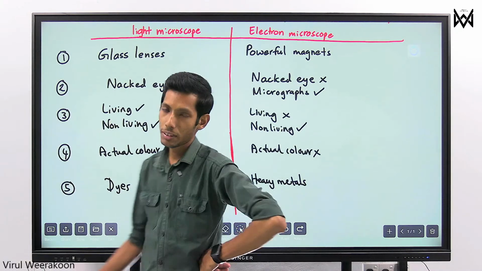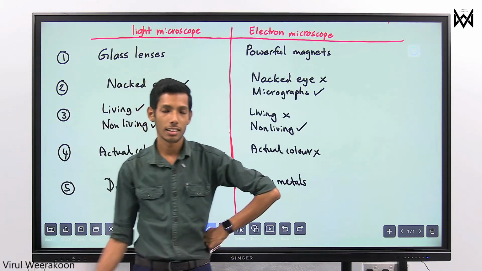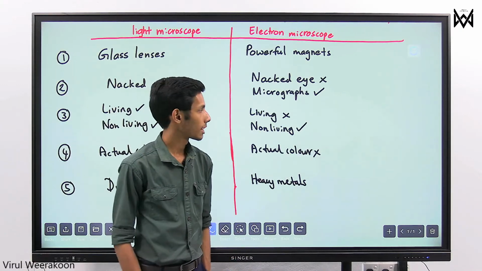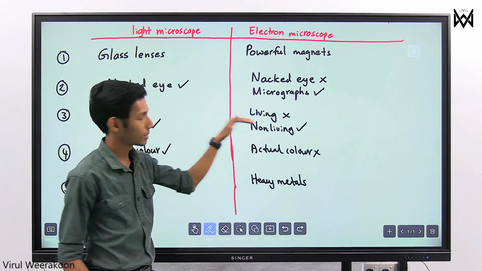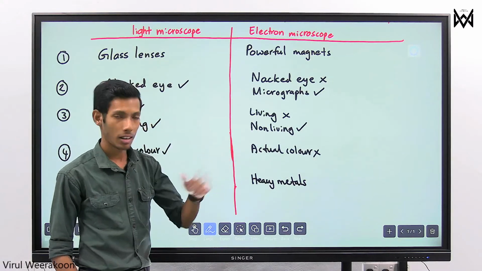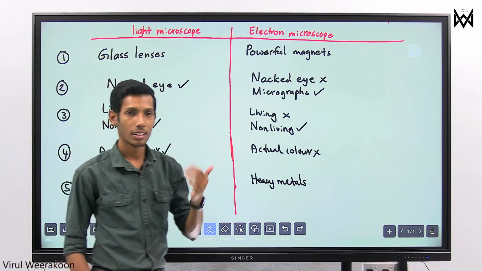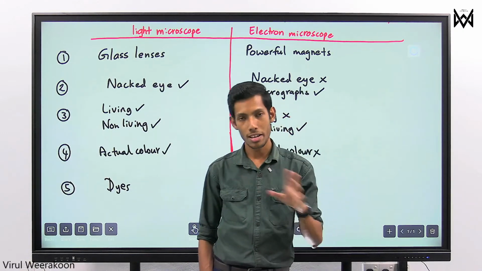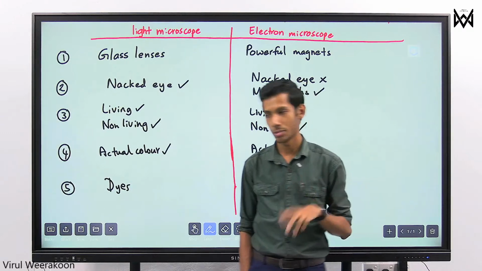We can't actually use living organisms, because it is very harmful. It is difficult to manage those high energetic rays. That's why living specimens cannot be observed. Actually, they become non-living after that. Specimens are kept and placed in the vacuum, and in the vacuum there is no air, so living things can't survive.